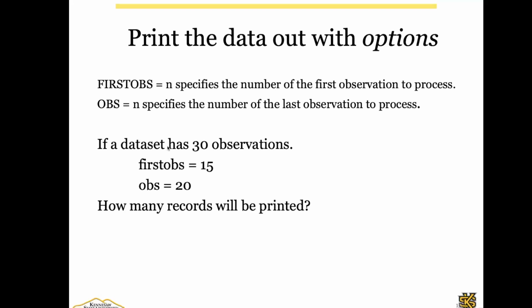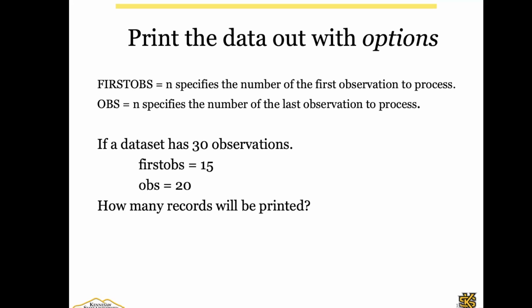If a dataset has 30 observations, and I would like to start with observation 15 and finish with observation 20, or record 20, or row 20, how many records will be printed? Just think for a while.